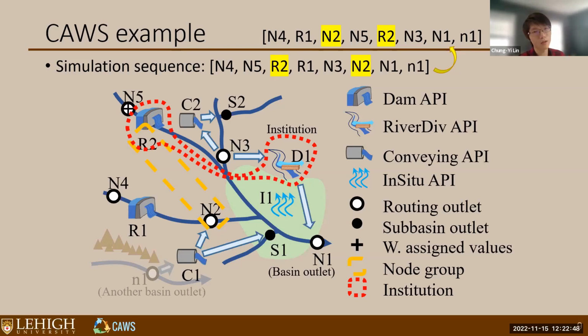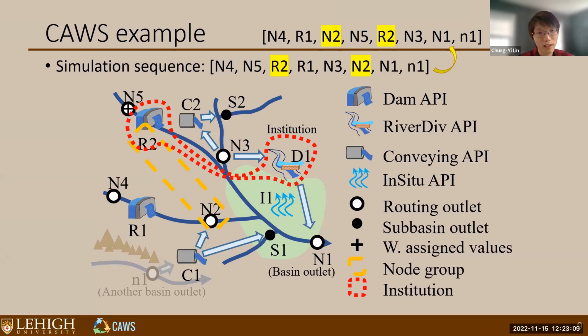And there's another API I forgot to introduce. This in situ API can be used to describe the human component that can directly affect the runoff within the subbasin. This can be land use change or the drainage system.